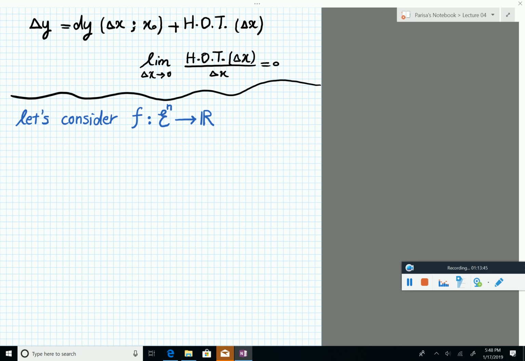Scalar. What's the time? Time is a nice variable which is independent of everything, unless you consider relativity theory and stuff like that.